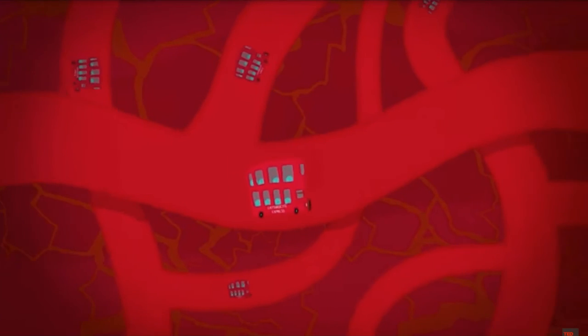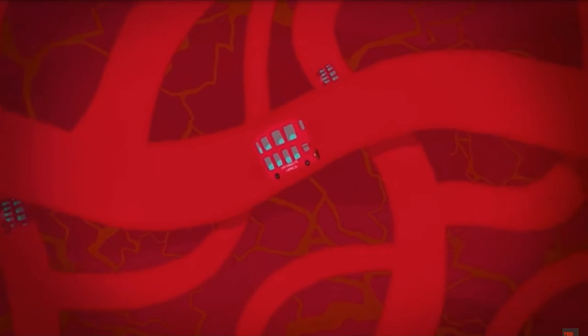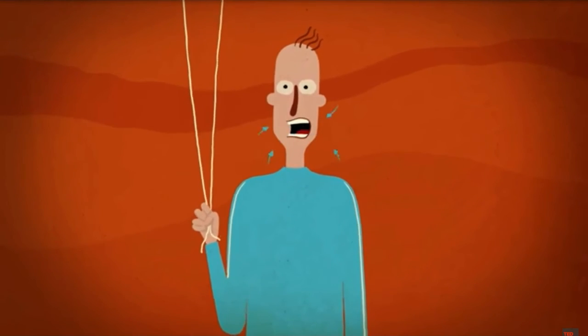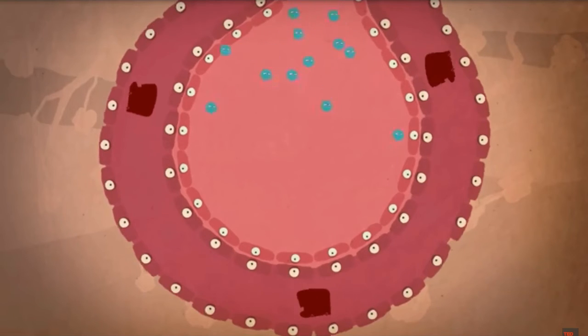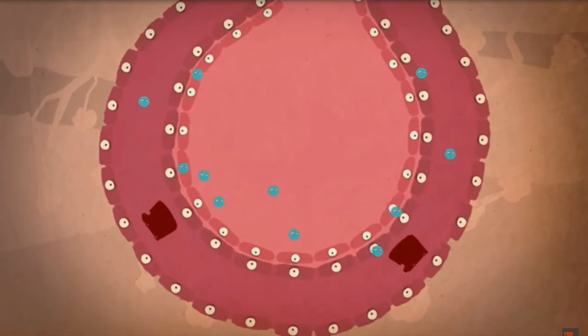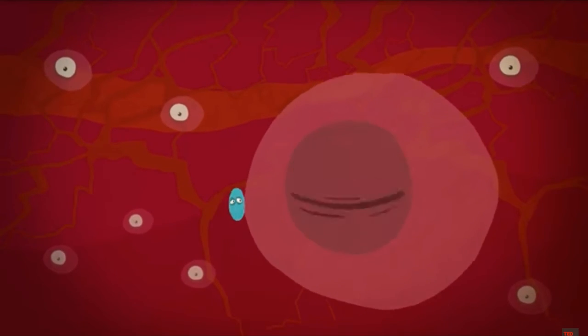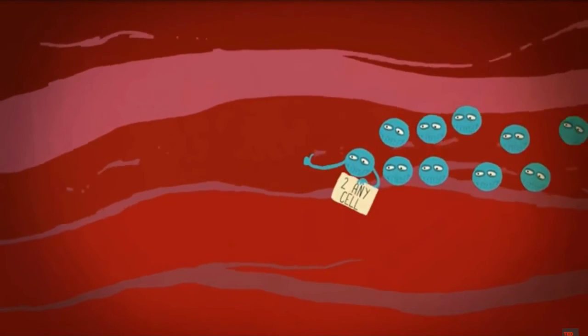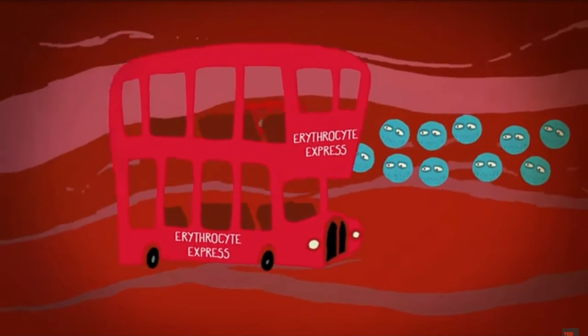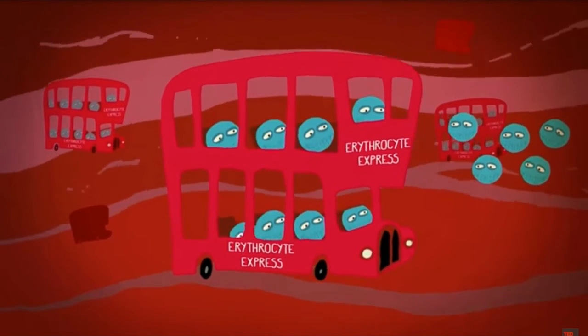But getting oxygen throughout our bodies is a surprisingly difficult task. Gas enters cells by diffusing in from their surroundings, and that only happens efficiently over tiny distances. So, for oxygen to reach the cells within our bodies, it needs a transportation network. This is where our 20 trillion red blood cells come in.